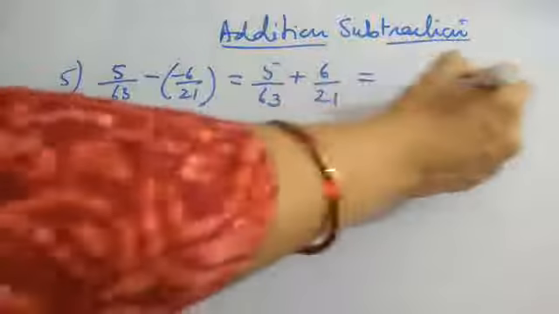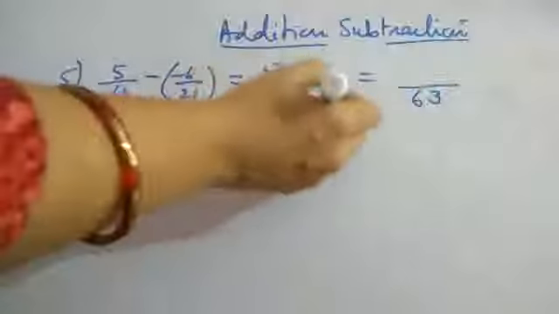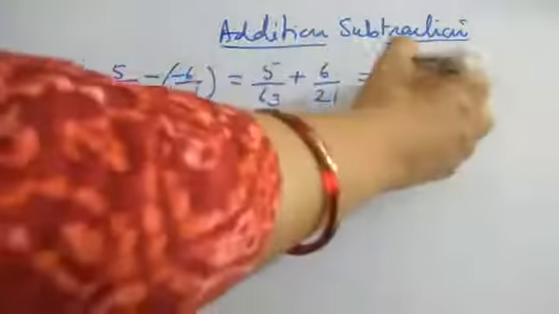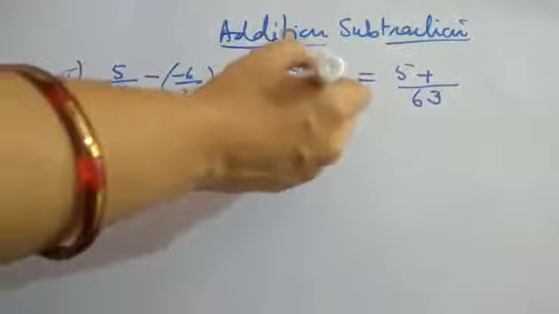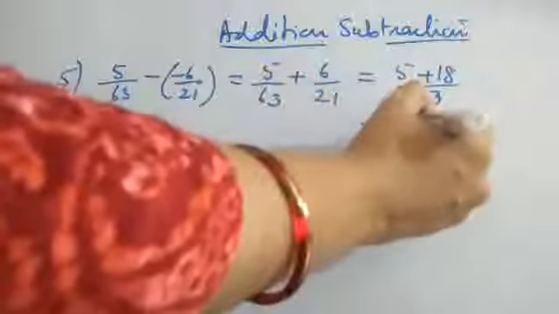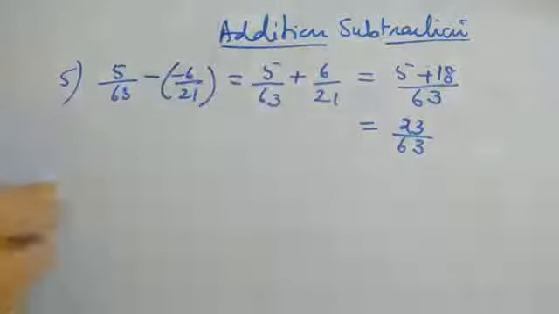Now take LCM of 21 and 63. The LCM will be 63 because 21 3s is 63. Now 63 1s, so 5 1s is 5. Plus 21 3s is 63, so 6 3s is 18. Okay, now 18 and 5 is 23 upon 63 is the answer.